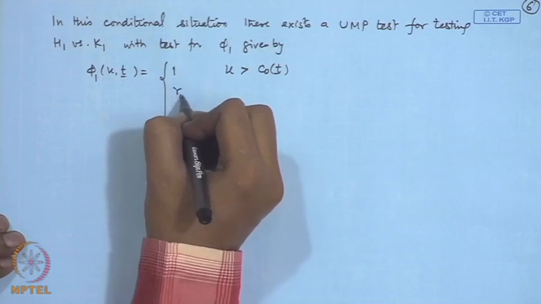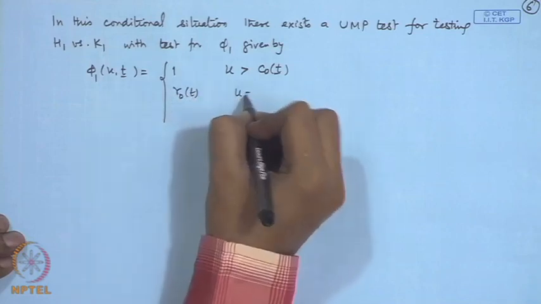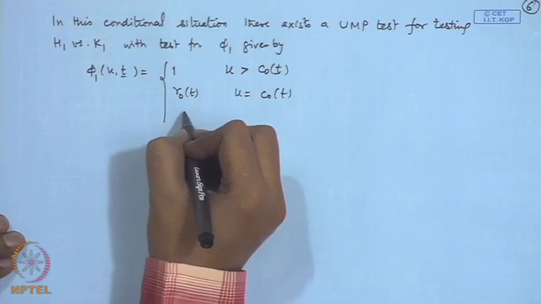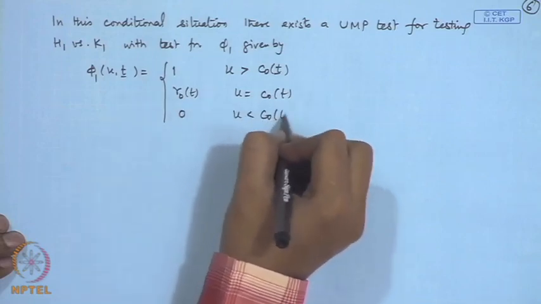This is gamma naught t when u is equal to c naught t. It is 0 if u is less than c naught t.